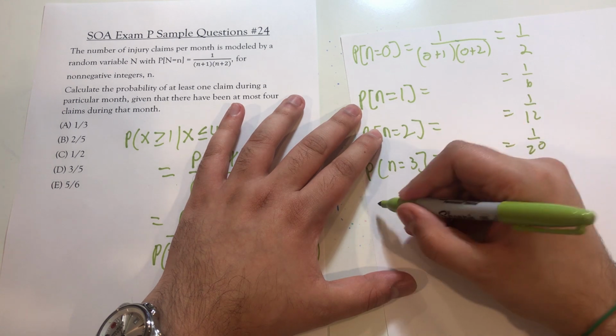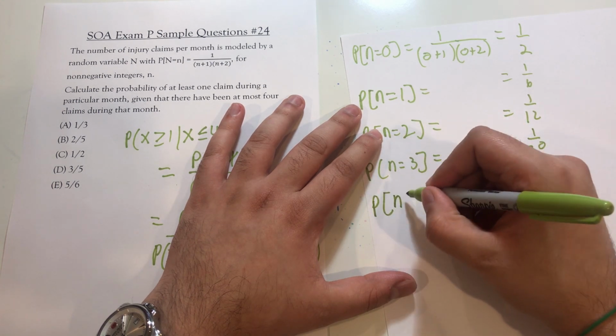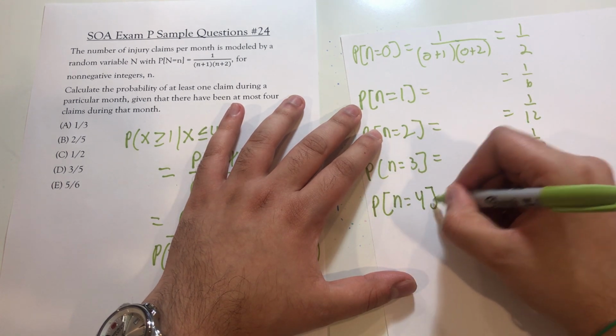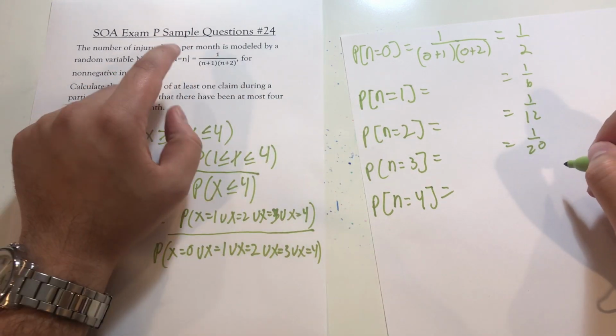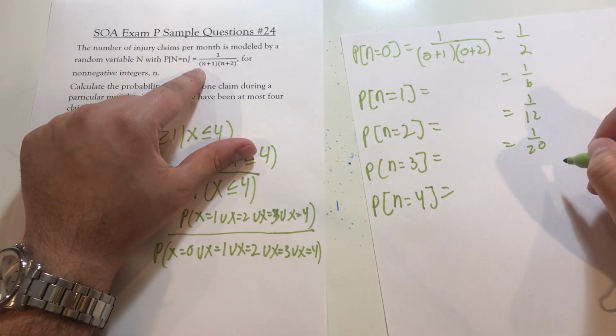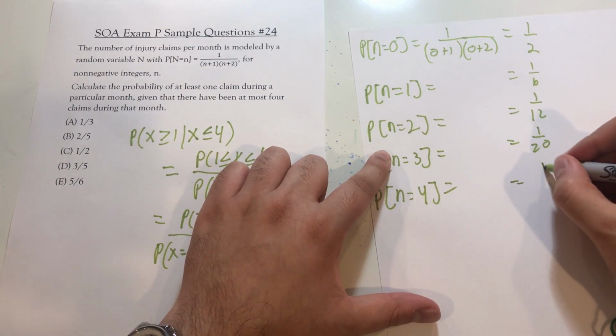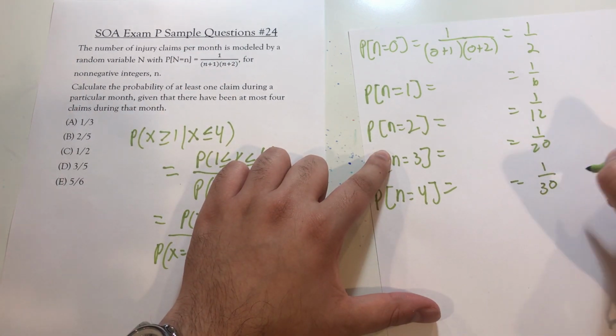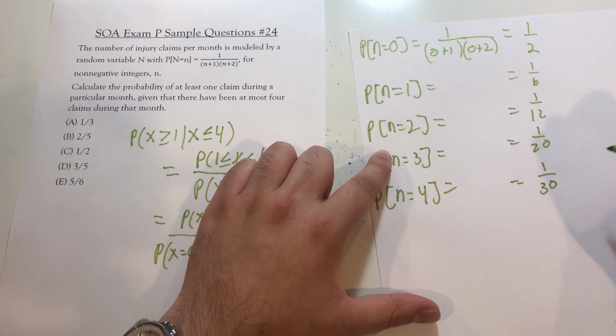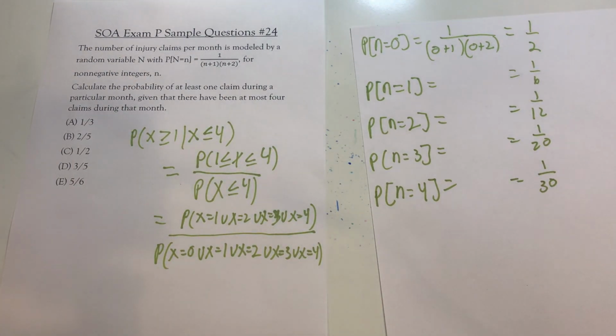And finally, the probability of the number of claims equaling exactly 4 is 5 times 6, 30, so that's 1 over 30. Okay, now these are my individual probabilities.